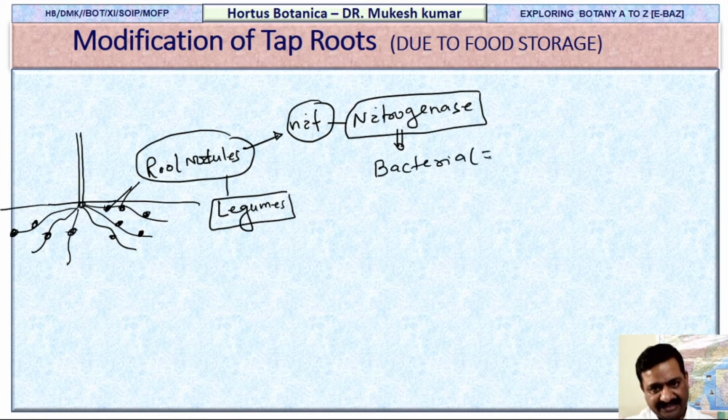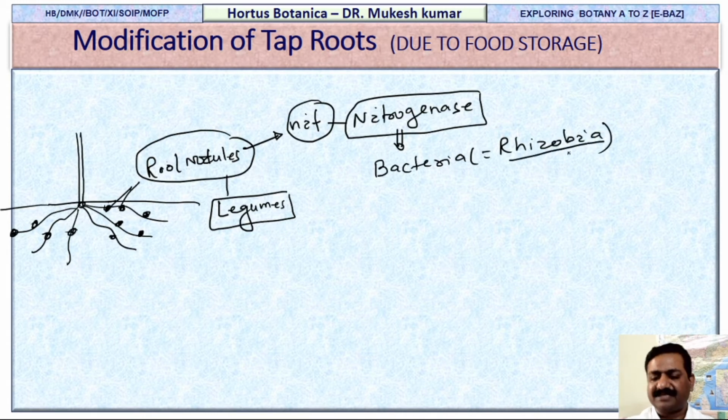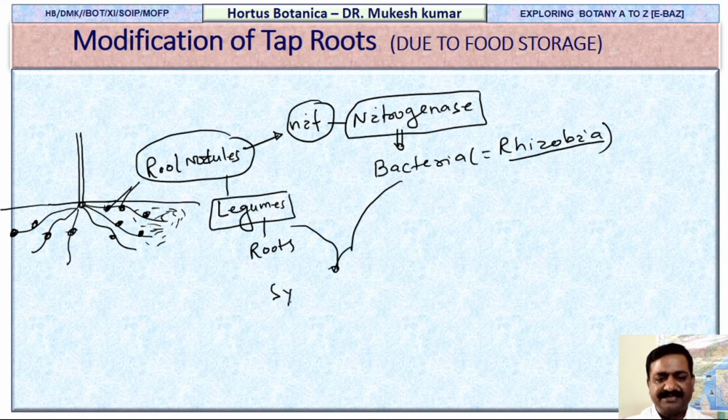In legumes, we have Rhizobium, or plural Rhizobia. This is a soil-borne bacteria that grows around the root and shows a very good symbiotic association with the roots of legumes.